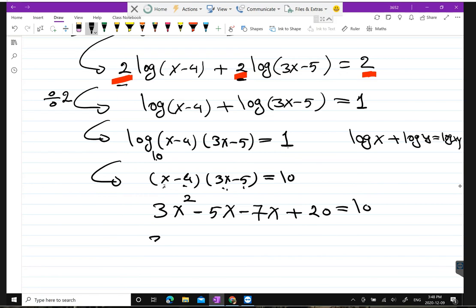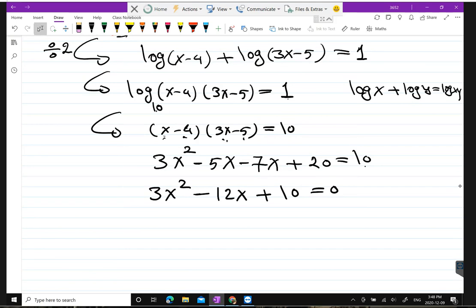Now if you put everything together, then minus 5 and minus 7, it's going to be minus 12x, and minus 10 is equal to 0. I'm sorry, plus 10. This 10 goes here, and then you have this quadratic. And if you want to solve this quadratic, it is easy. Just find the delta and find the solution.